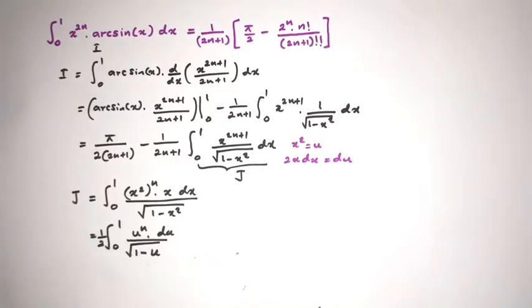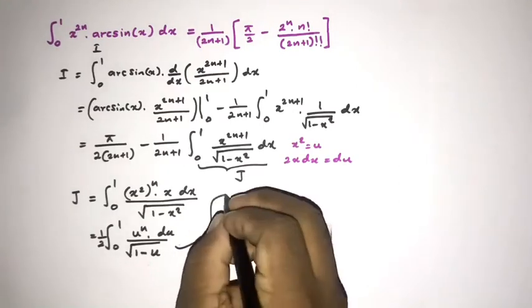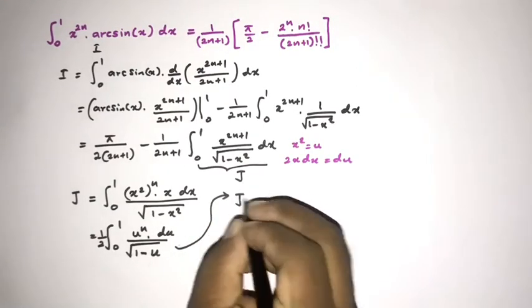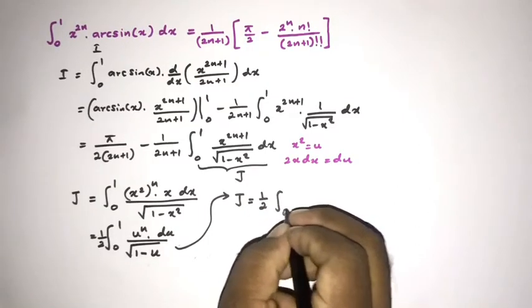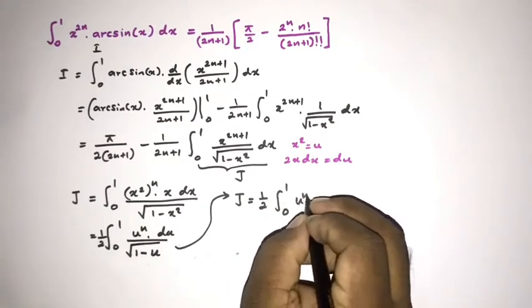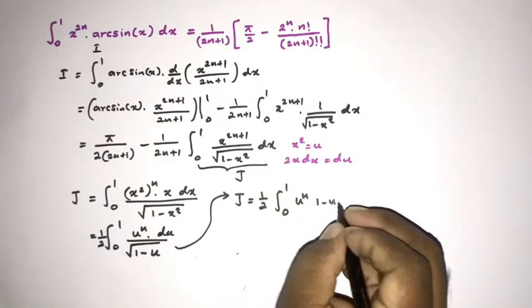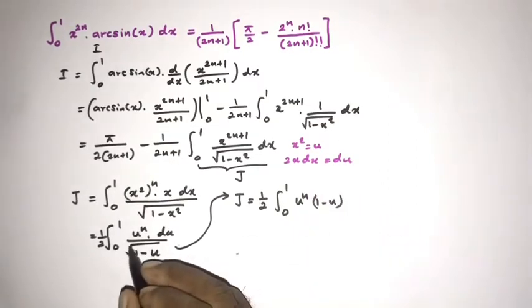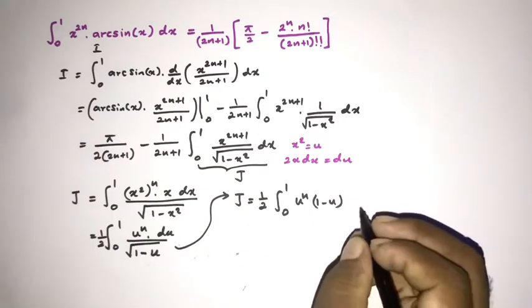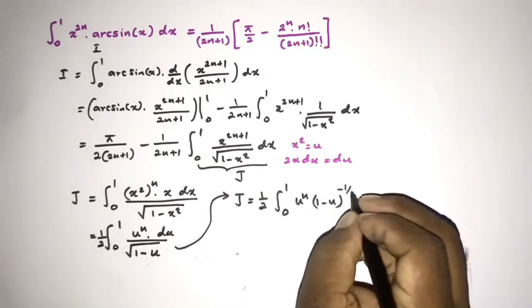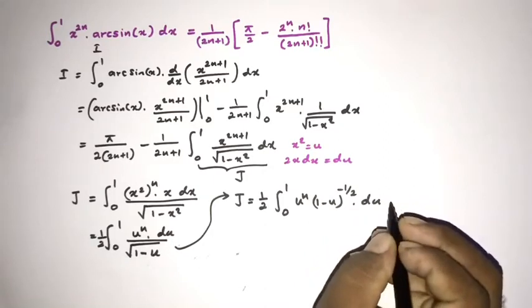Okay, then I am going to rewrite our integral. J is equal to 1 half integral from 0 to 1 u to the n times 1 minus u to the, we know the square root sign we can take to the numerator, so here minus 1 half du.